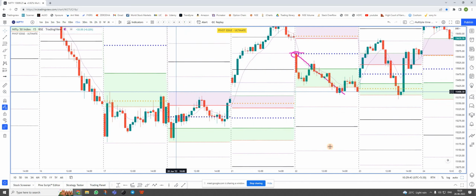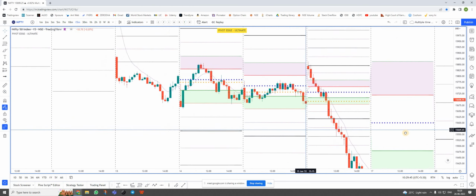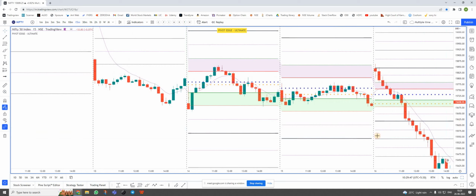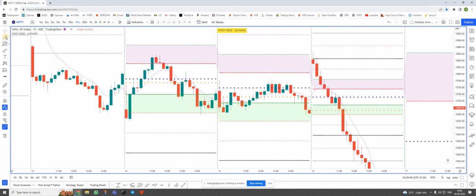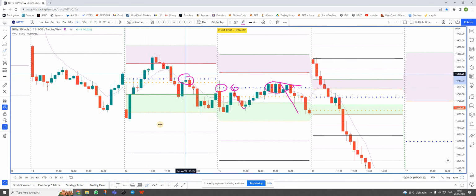You can observe historical levels also. It will act as a strong magnet, or it will attract or repel. Here it is getting pushed back, here it is getting pushed back, from here it is again getting pushed, here also rejection, pushing down.